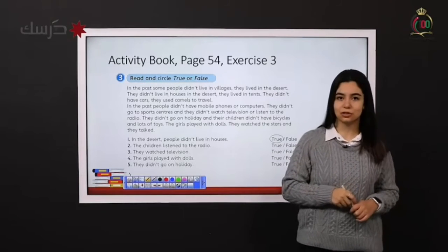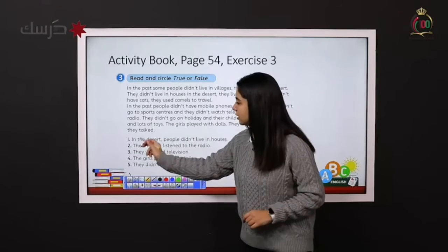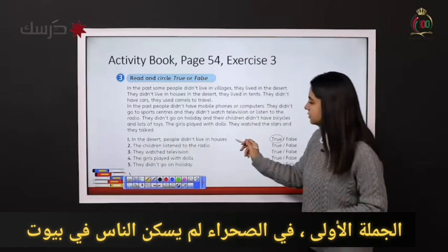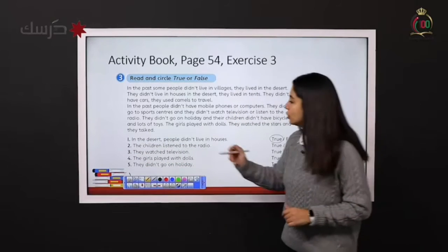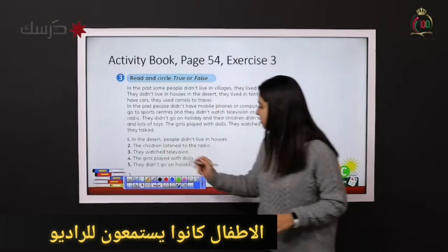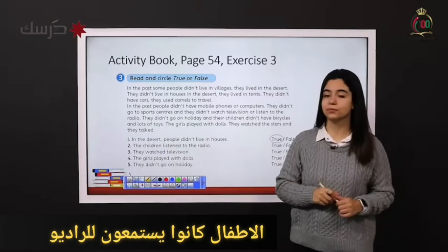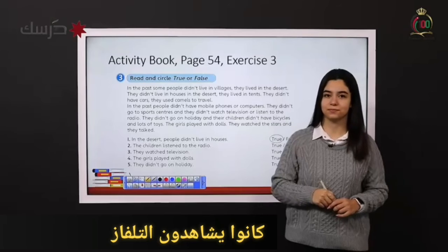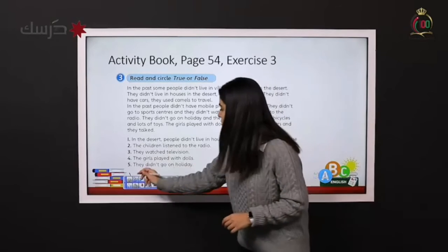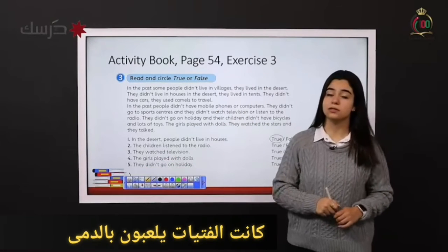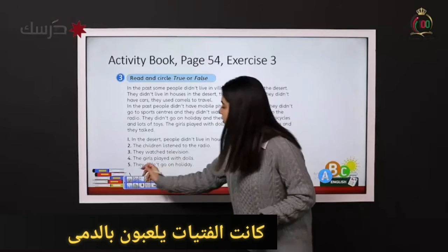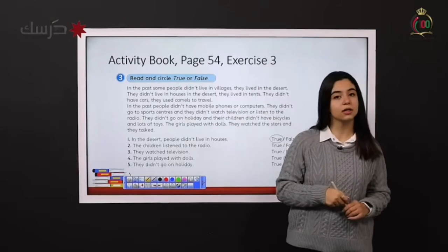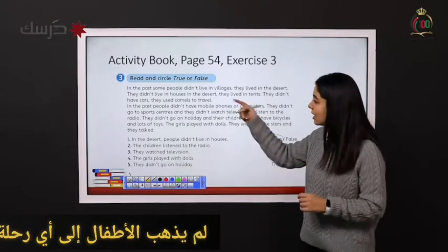Let's read the sentences, then read the text together. 1. In the desert, people didn't live in houses. 2. The children listened to the radio. 3. They watched television. 4. The girls played with dolls.